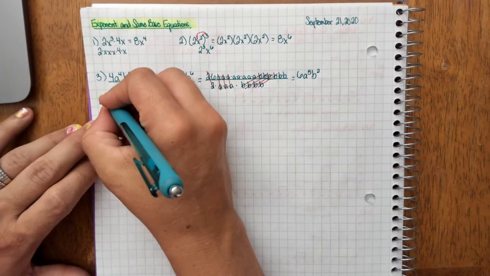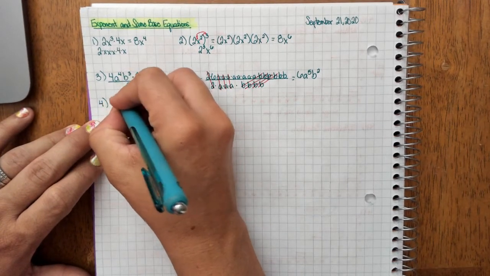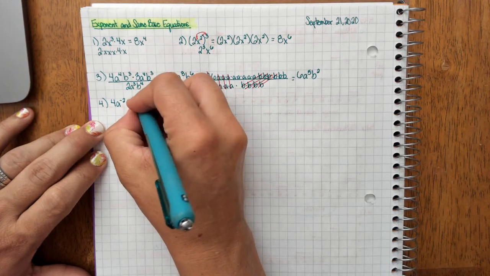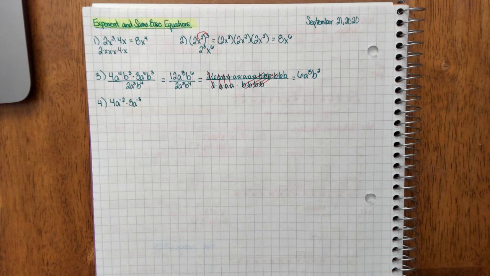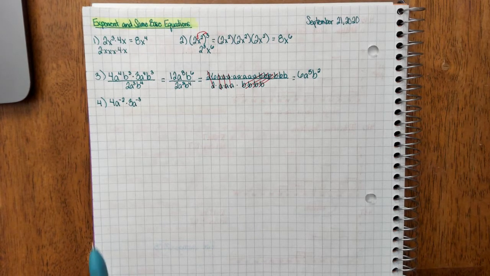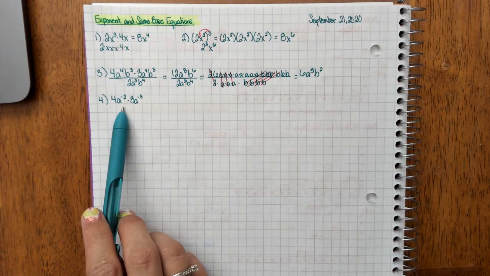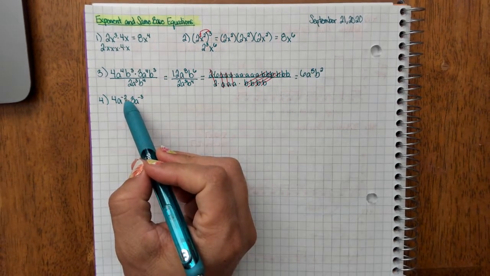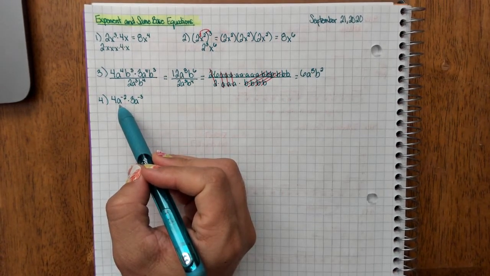Number 4 is 4a to the negative 2 times 3a to the negative 3. None of your answers should contain negative exponents. So, reminder, negative exponents are the reciprocal. This negative 2 is only with the a, not with the 4.